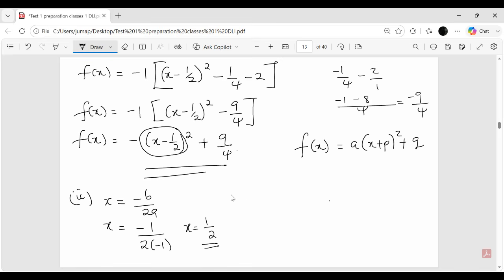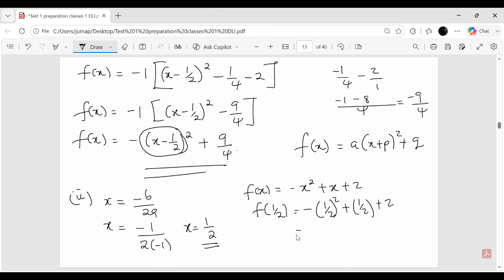Then now it's the y-coordinate. The original function, f of x, was equal to negative x squared plus x plus 2, since I'm using this method. So when you have f of half, it is going to be equal to negative half squared plus half plus 2.